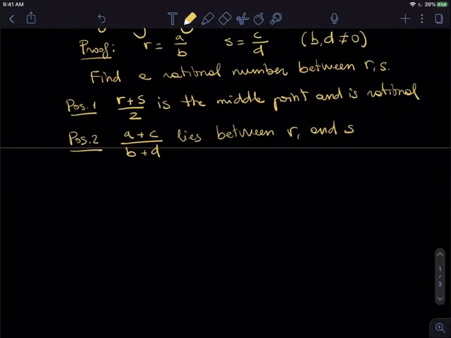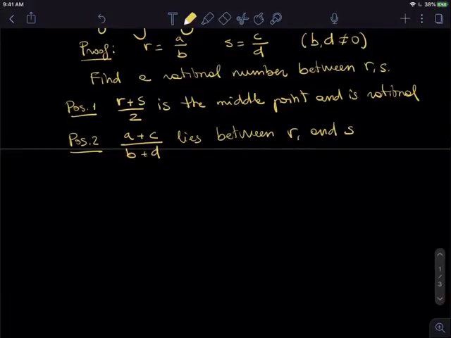Here I'm not doing the sum of the two numbers r and s. I'm just saying that if you add together the two numerators and the two denominators, then you get the number that is in between r and s.